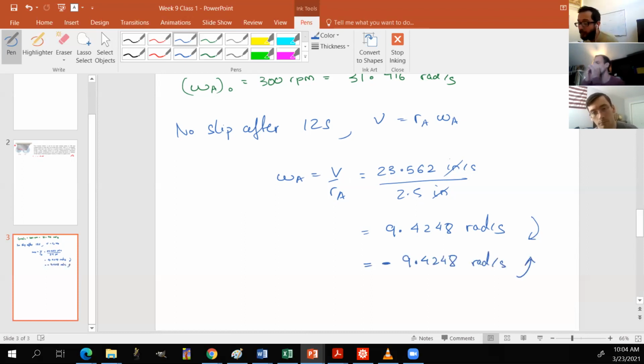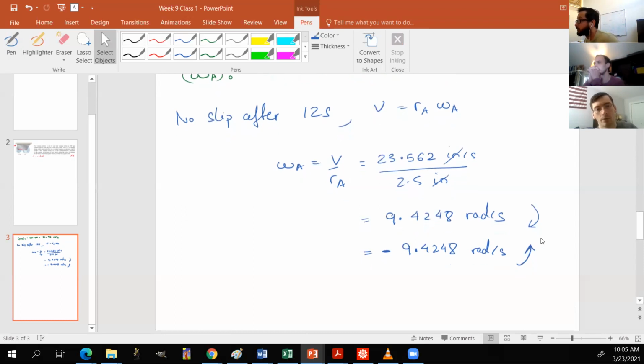When you're finding the angular acceleration, you need your angular velocity to be in the same sense. Otherwise, your signs are going to get messed up. Is that clear to everyone? So you have to write it so that both values are going clockwise or counterclockwise. Absolutely, the same orientation. Exactly.